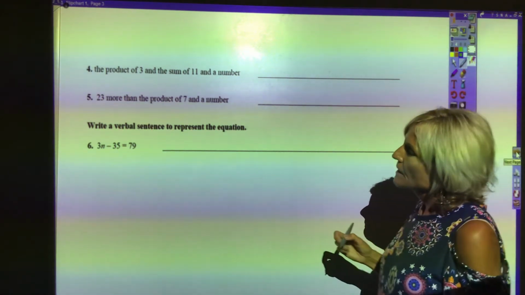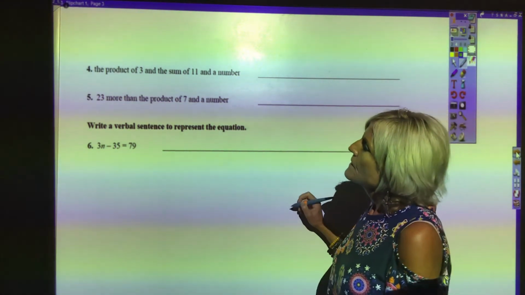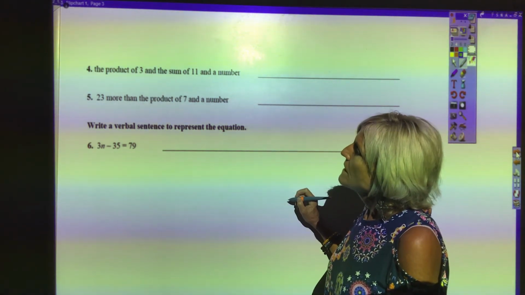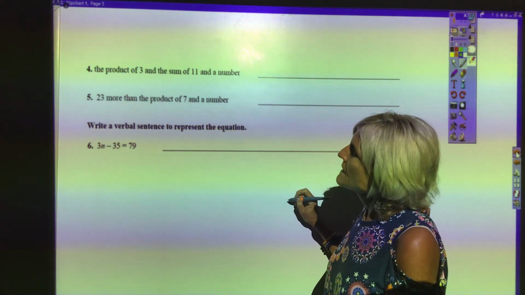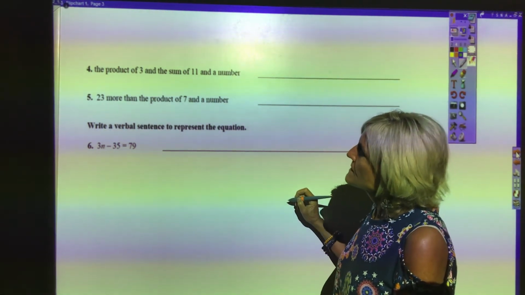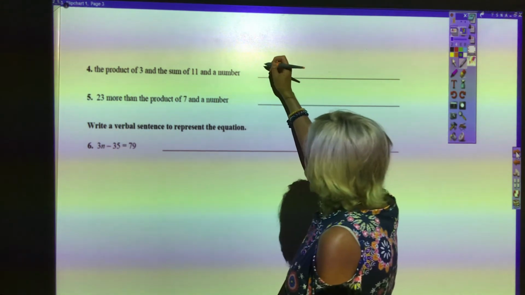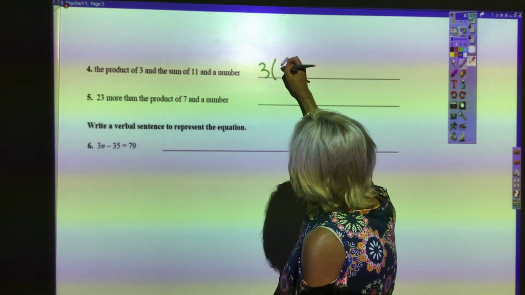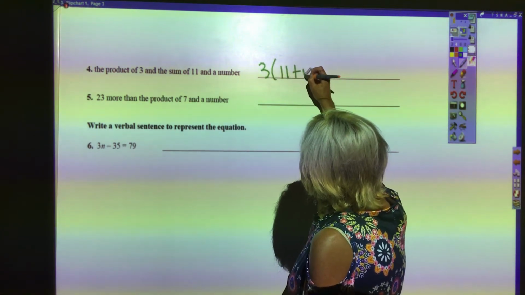Okay, a couple more of these. The product of 3 and the sum of 11 and a number. So 3, 11, and a number we're adding together.